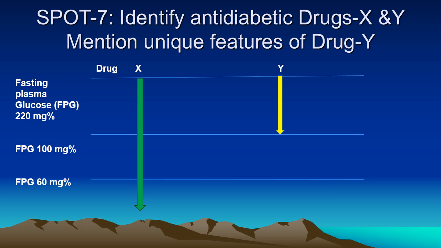Spot 7 is a simple pictorial showing the effect of an anti-diabetic drug on blood glucose levels. If you see, there is drug X that may reduce elevated fasting plasma glucose to below normal, and may produce hypoglycemia. In contrast, drug Y reduces elevated blood glucose levels but rarely causes hypoglycemia.